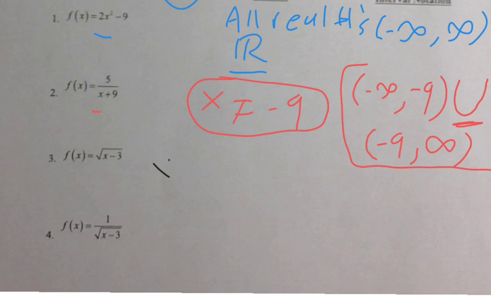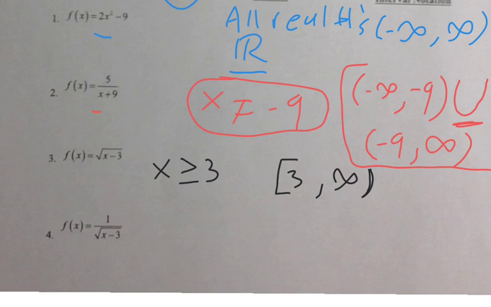So x has to be greater than or equal to 3. Very simply put, our domain is bracket 3, because it can be 3, because 3 minus 3 is 0, to infinity with a parenthesis. Remember, parentheses always go with infinity.